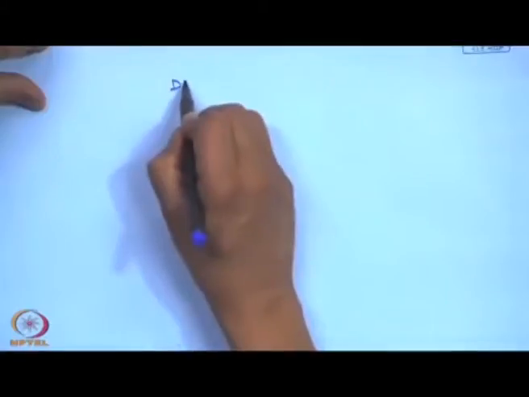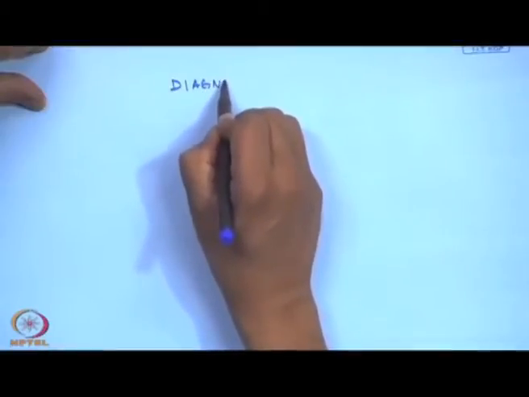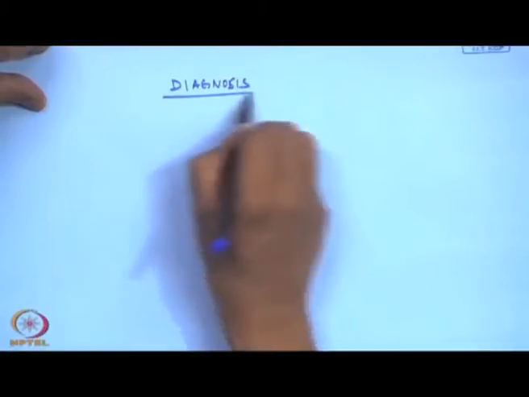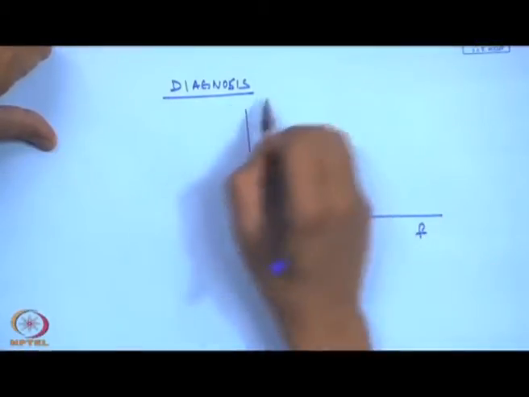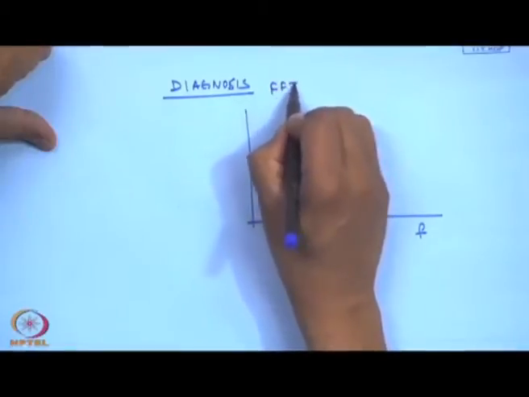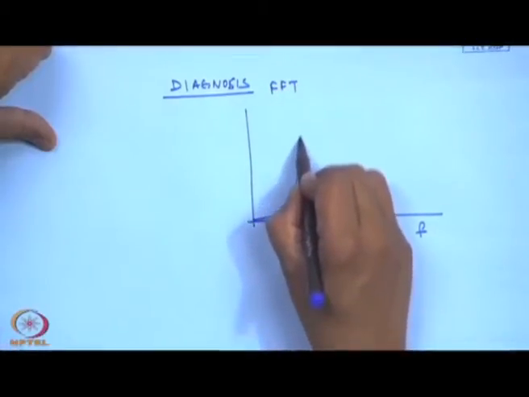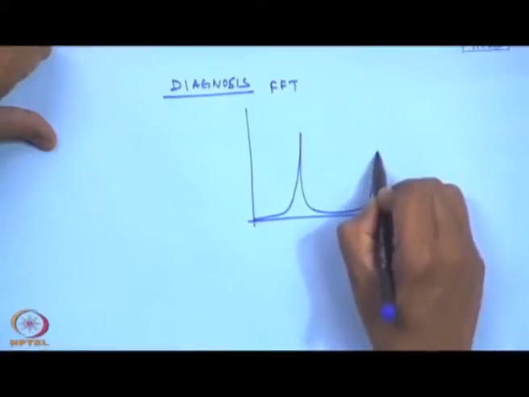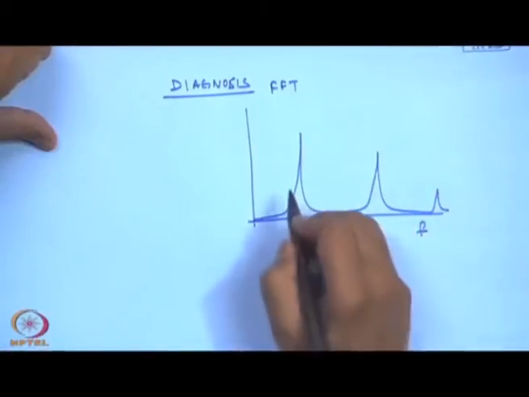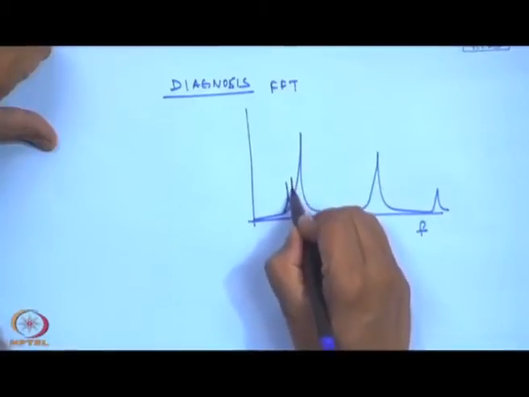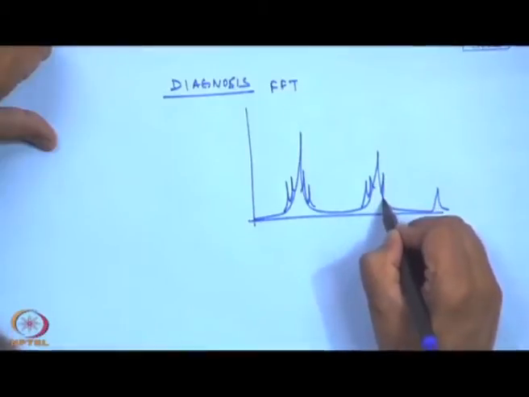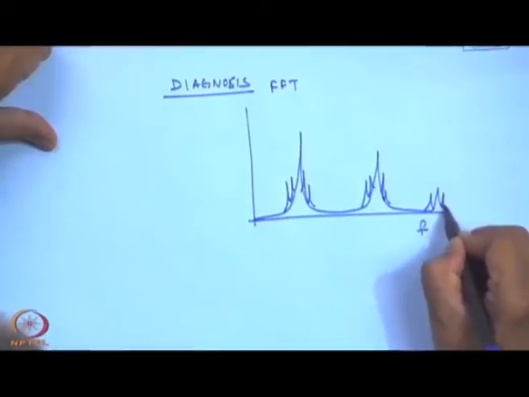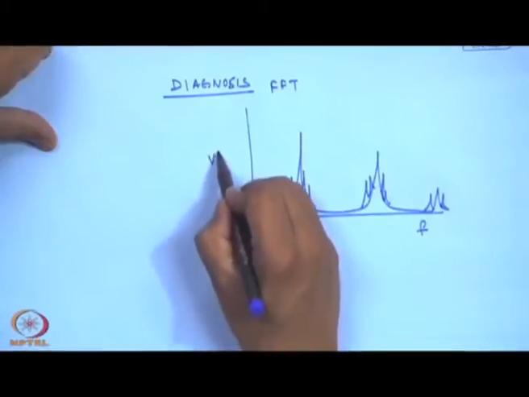And of course, because we want to go into a fault diagnosis mode, we can go in the frequency domain mode by the technique of FFT, and I will be seeing certain peaks, and then around them there will be sidebands, and this is the vibration level.